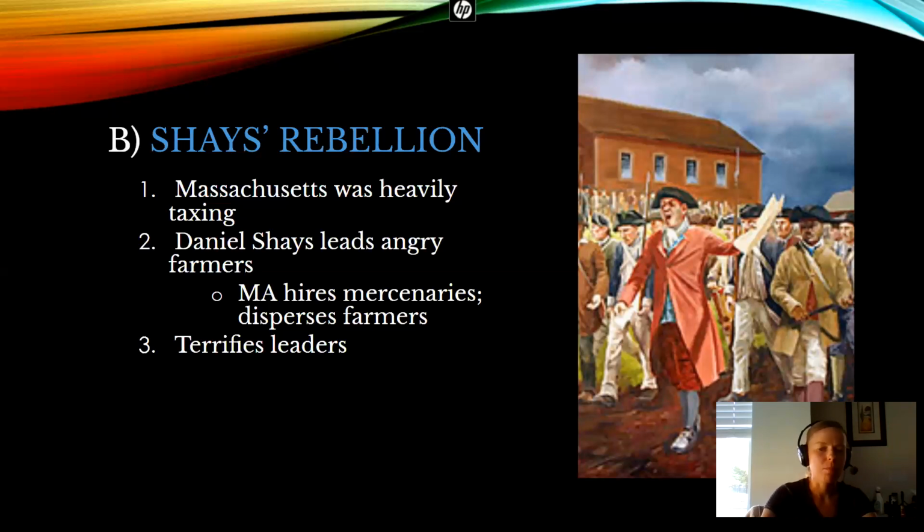So because these bankers are basically being forced to pay back the debts that the states owe in specie money, that's hard money like gold and silver, they're going to demand from those poor farmers and these poor soldiers who never got their pay for fighting. They're going to demand, hey, you can't pay us in that paper money, it's no good, it's worthless, right? You got to pay us in gold and silver, which there's not really any of that there. So there's no way even for these guys to pay their debts back.